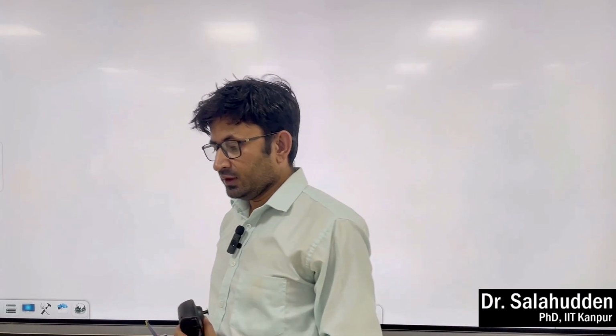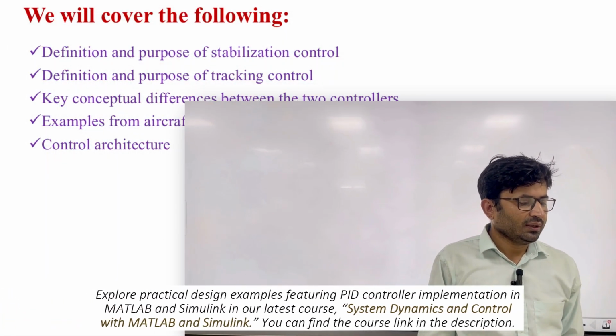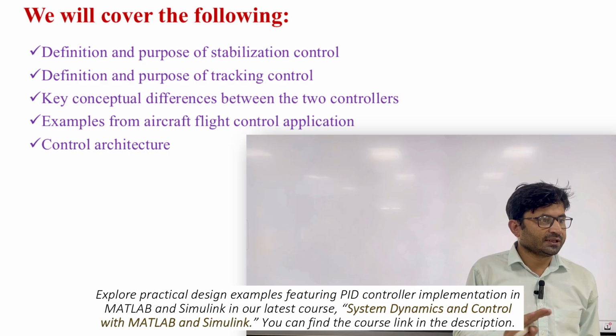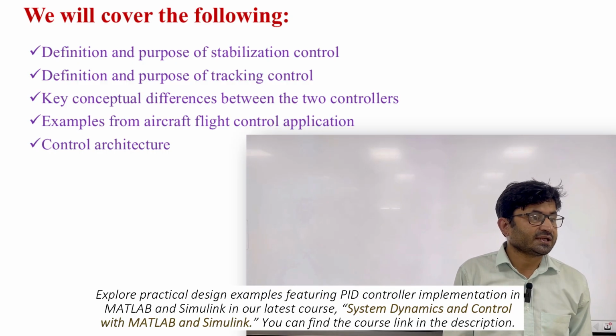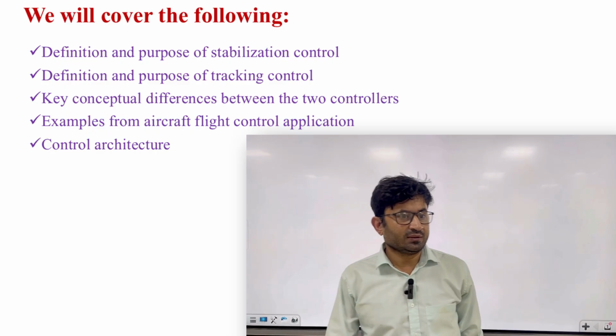In this class we will study what we mean by the tracking controller and what we mean by stabilization. Just recall, have you heard the words stabilization and tracking? They look like both are the same, right? When do you call it stabilization and when do you call it tracking?